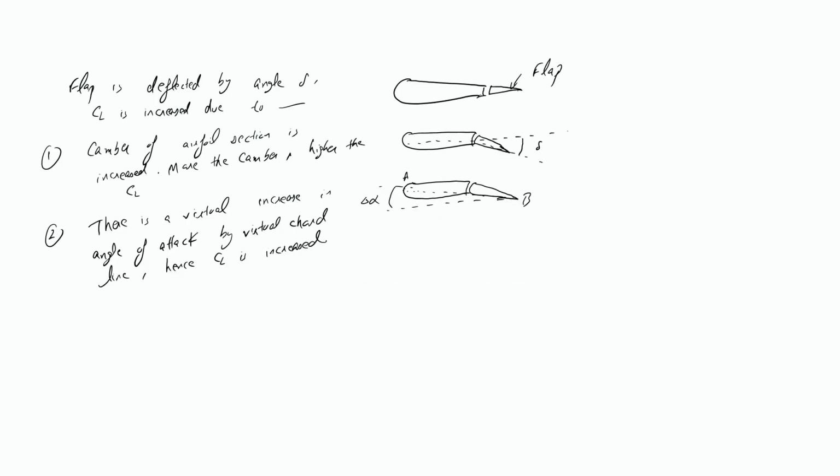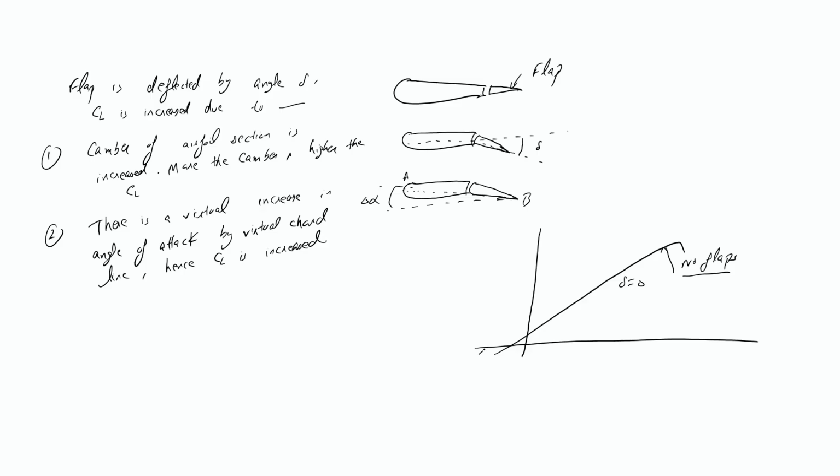One second. Let me draw the plots for the lift curve slope. What exactly is happening to the lift curve slope? So this is with delta equals 0, so there is no flap.